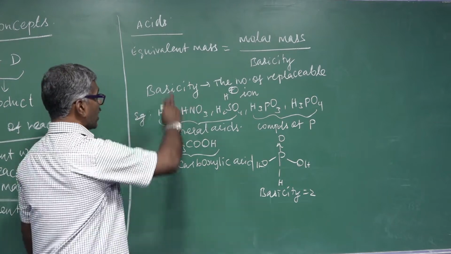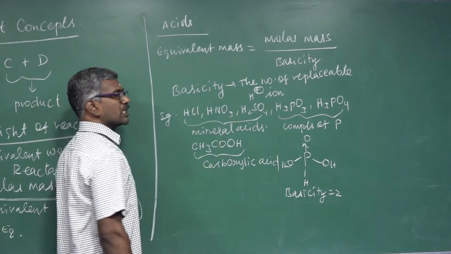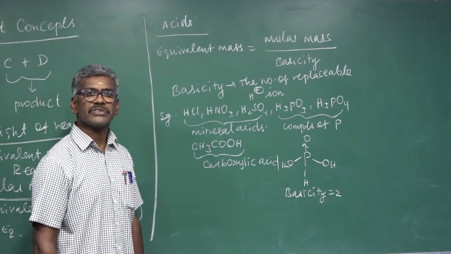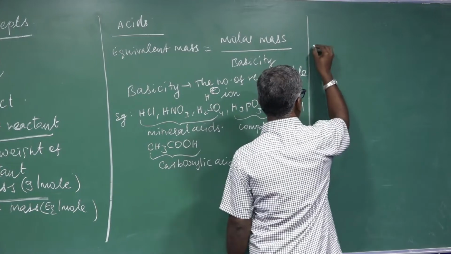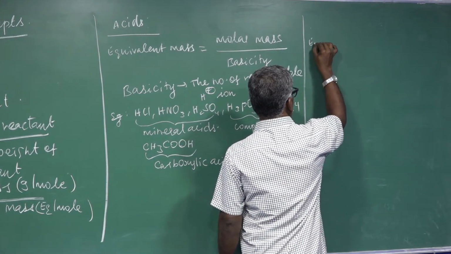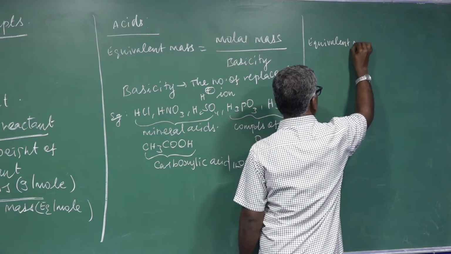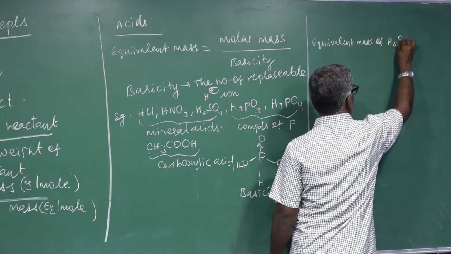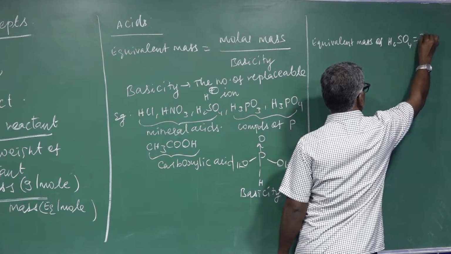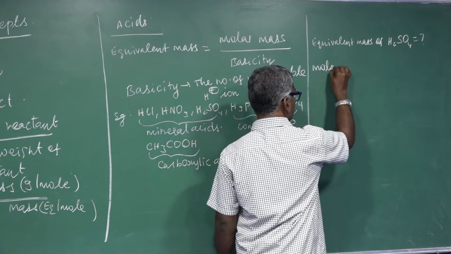Clear? Okay. Next, let us find the gram equivalent mass of an acid. For example, equivalent mass of sulfuric acid, formula H2SO4. First find the molar mass of sulfuric acid.